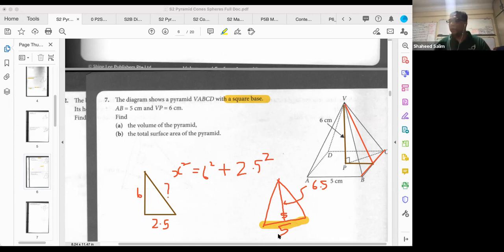Yes, 16.25, good. Now, how many triangles are there? You got to count. 4. So you got to times the 4. Okay, times 4. Okay, good. And plus the area of the square. Area of square, base.